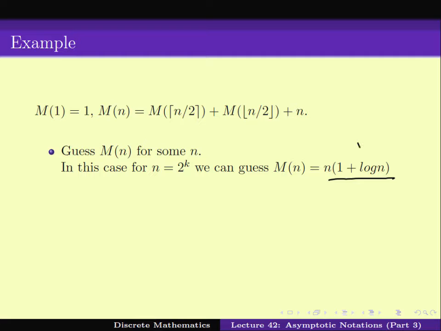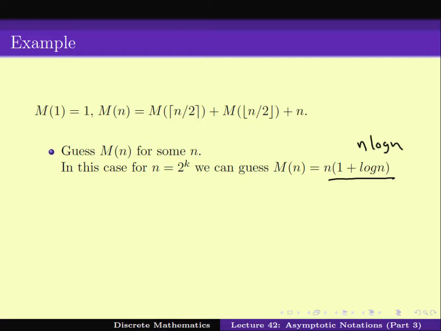So this is basically nothing but n log n. You can check, of course, that this value mn equals n times 1 plus log n is not the exact solution to mn for all n. But by now we have got a handle that mn is somewhat like n log n.